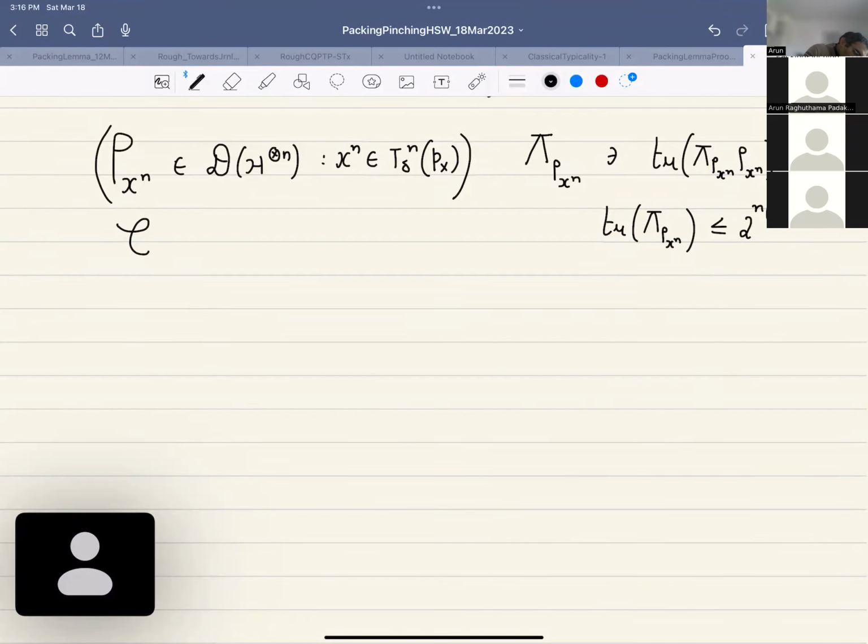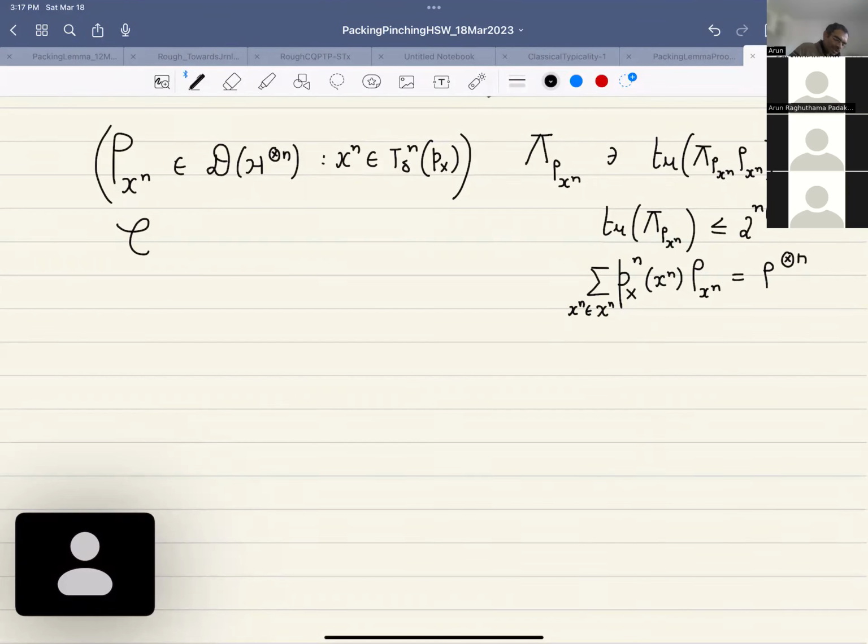There is one kind of a missing link, but let us just assume the following. There's a small technicality here, for which I'll actually give you a slightly different proof, but let's just assume this. See, if I sum over x^n, I know this is rho tensor n.